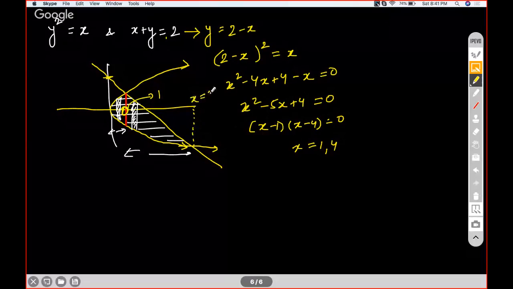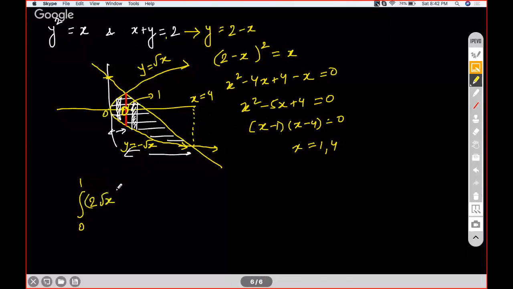Understood? Now see. From 0 to 1, my strip will have its head on y equal to root x and its tail on y equal to negative root x. So what is the difference between root x and negative root x? 2 root x.